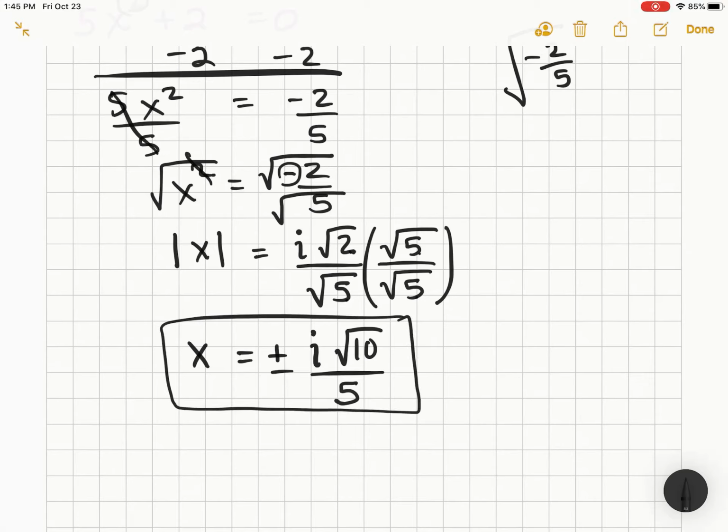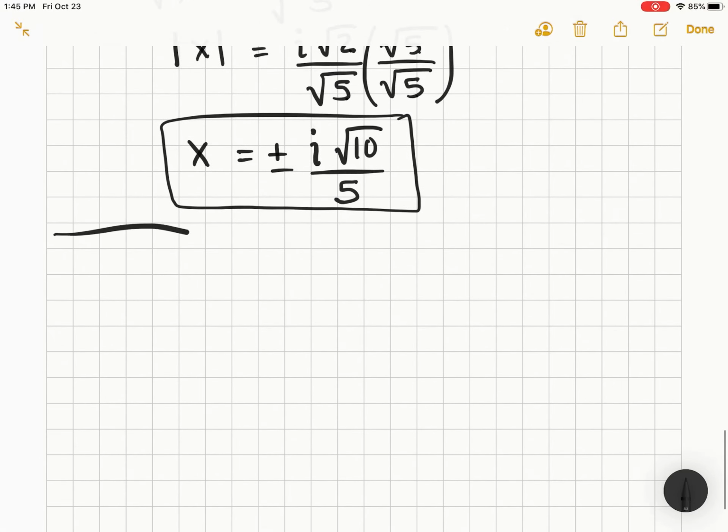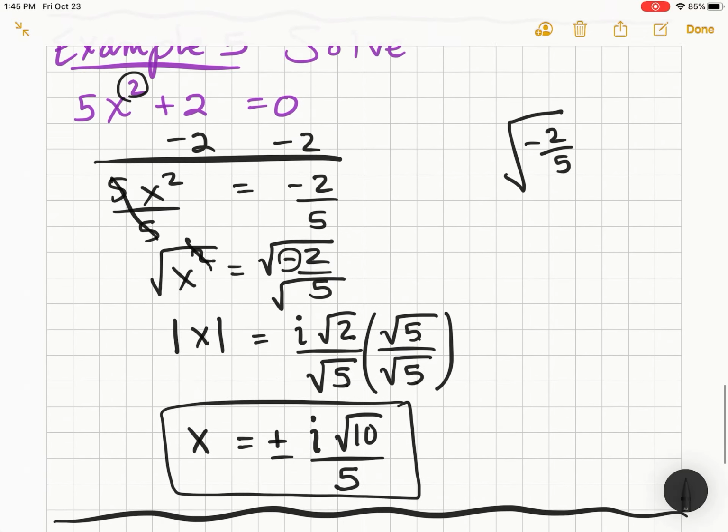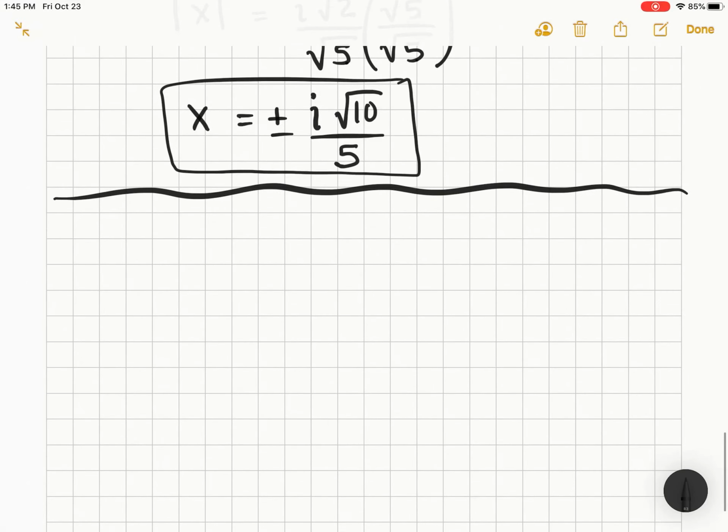So that got quite interesting. And it can get a little crazier still if you would have had more than x squared. You know, as a matter of fact, let's do one more example. Let's see, this would be example 6.